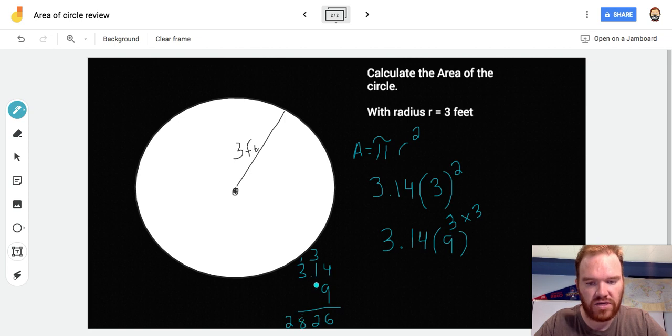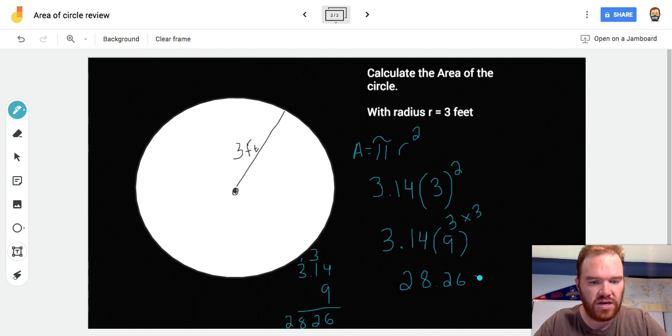I have 2 decimal places in my problem, so I move 1, 2. And so I will get 28.26.